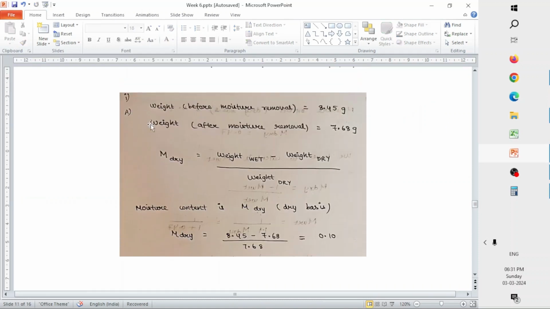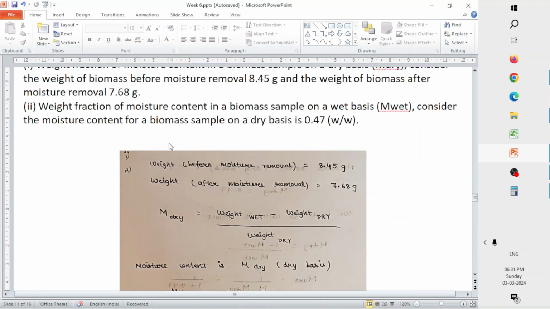So let's check the second subdivision. You are asked to calculate the weight fraction of moisture content in a biomass sample on a wet basis, but here instead of giving you the weight of biomass before and after moisture removal, they have given you the moisture content, and that also as the weight fraction on dry basis, as 0.47.